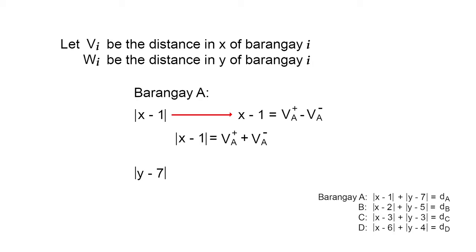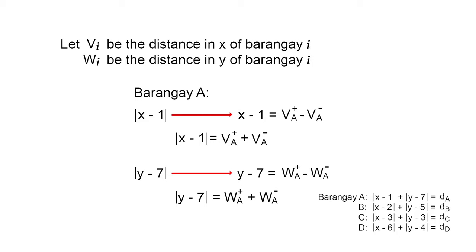We will now be using the variable w since we are concerned with the y distance. Therefore, y minus 7 is equal to WA plus minus WA minus, and the absolute value of y minus 7 is equal to WA plus WA minus. This is only for barangay A.